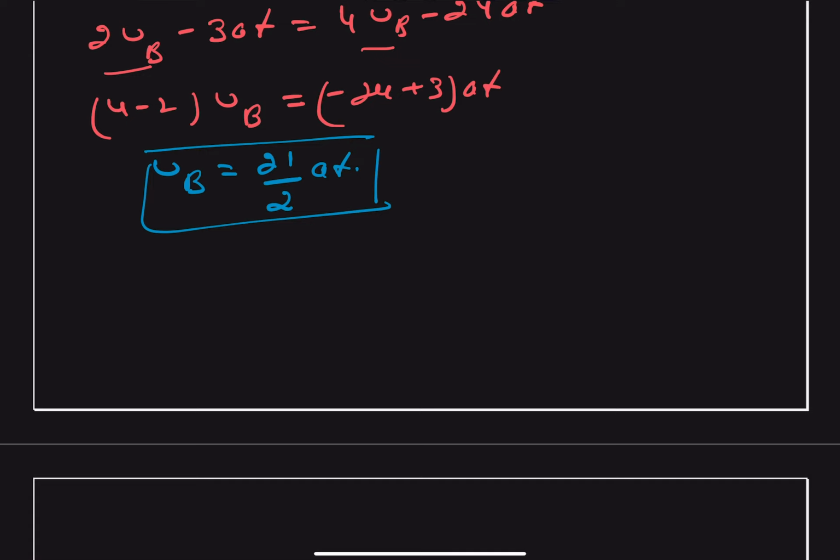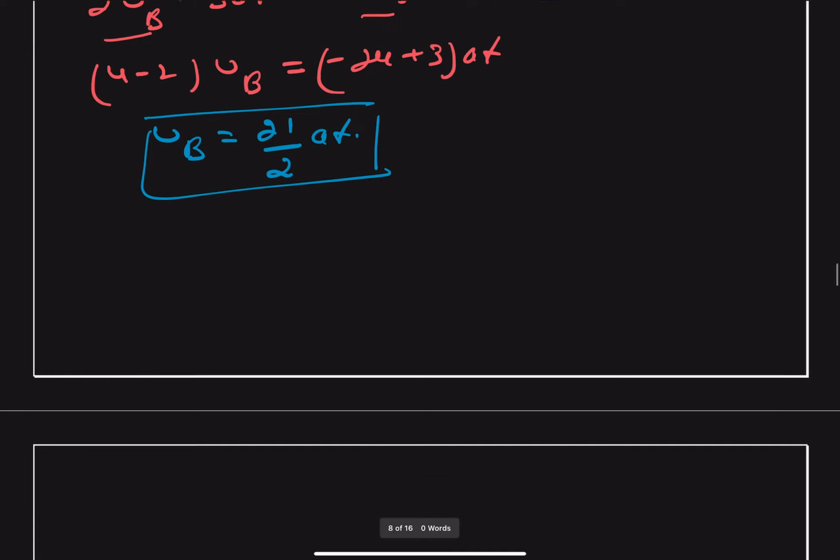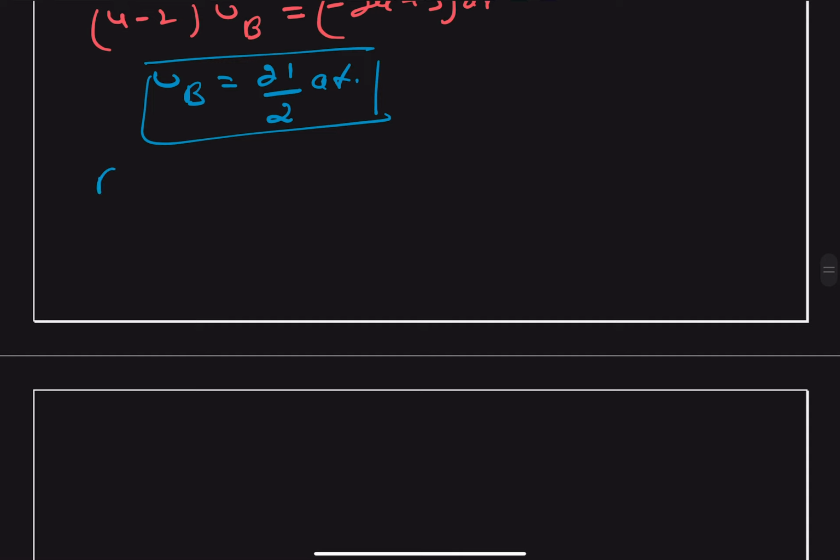We can use the equation that 4 times VA minus 6 times VB is equal to minus 15 times at. Now we substitute the value of VB here.